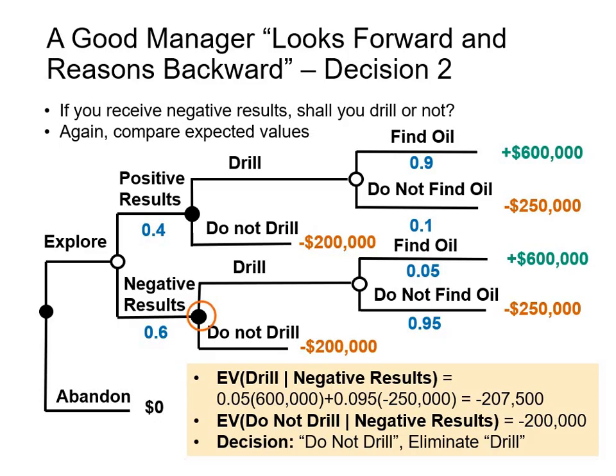So if you get a negative result and we drill, then the expected payoff of drill given a negative result is, we get only with a probability of 0.05 the 600,000, and with a probability of 95%, we make this huge loss of 250,000.